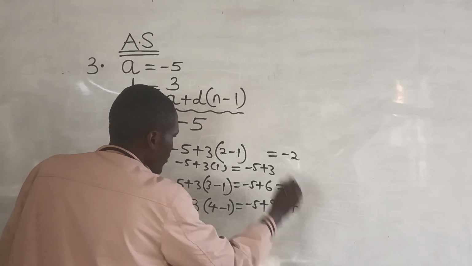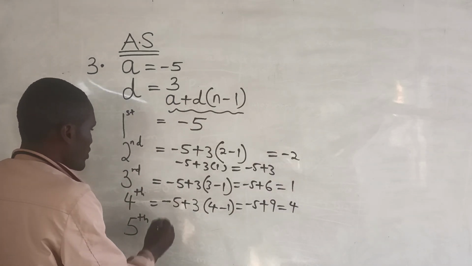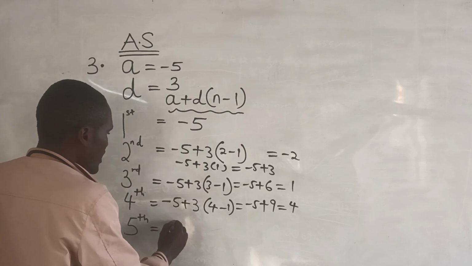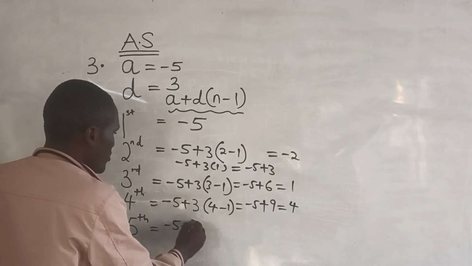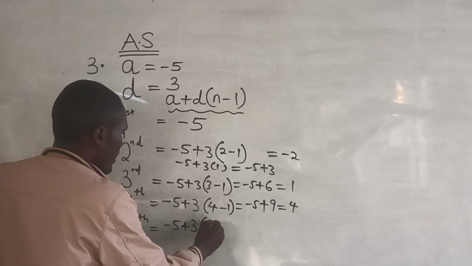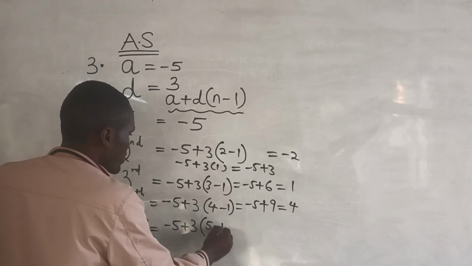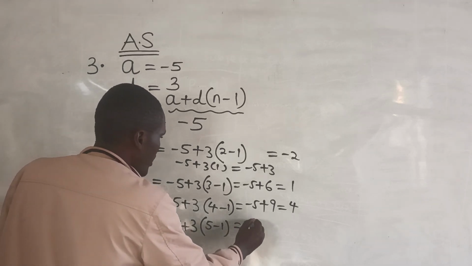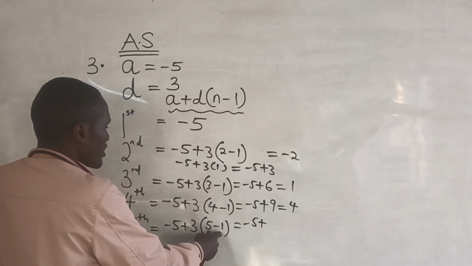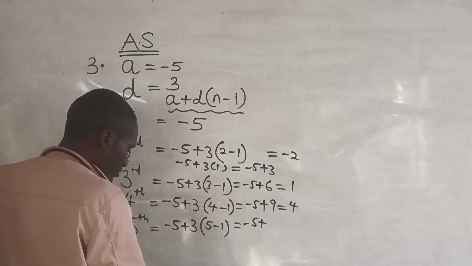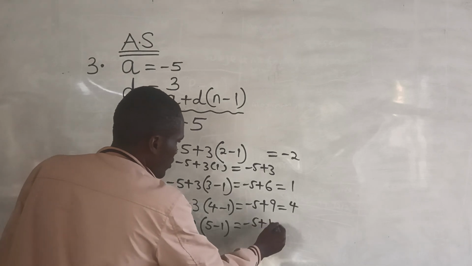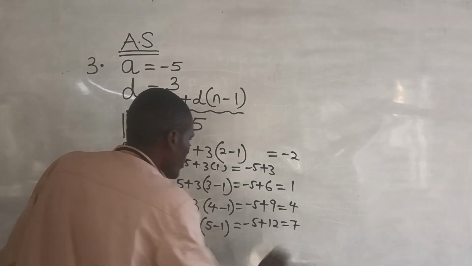So -5 plus 9. That gives us 4. So the fifth term, we shall be able to have -5 again, the first term, plus the common difference 3 into number of terms 5, that is n minus 1. So that translates into -5 plus 5 minus 1, that is 4. 4 times 3, that gives us 12. So our fifth term is 7.